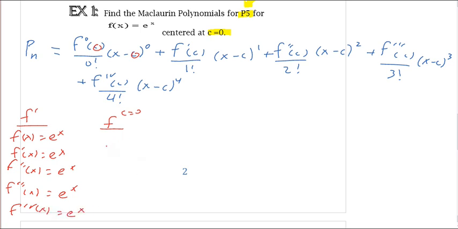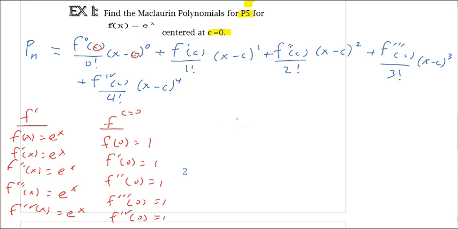Okay, if we plug these in, you get f of 0 is equal to 1 because e to the 0 power is 1. f prime of 0 is equal to 1. f double prime of 0 is equal to 1. f triple prime of 0 is equal to 1. And you guessed it, the fourth derivative at 0 is equal to 1, excuse me.